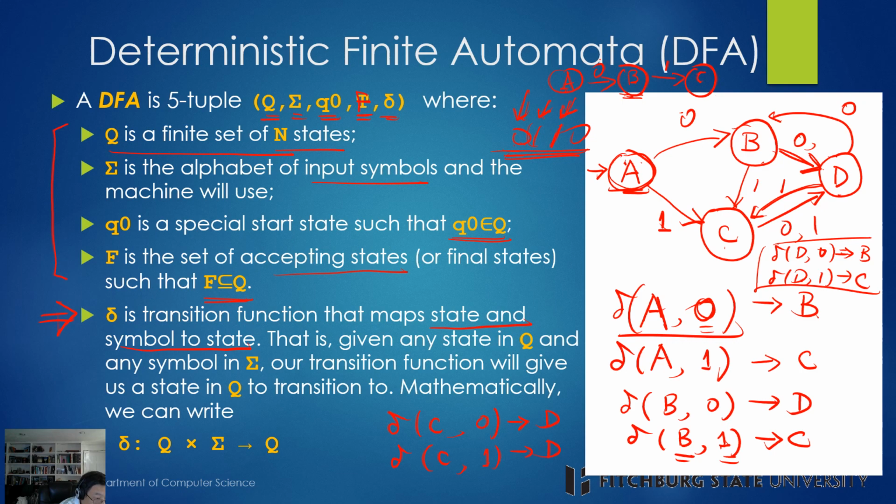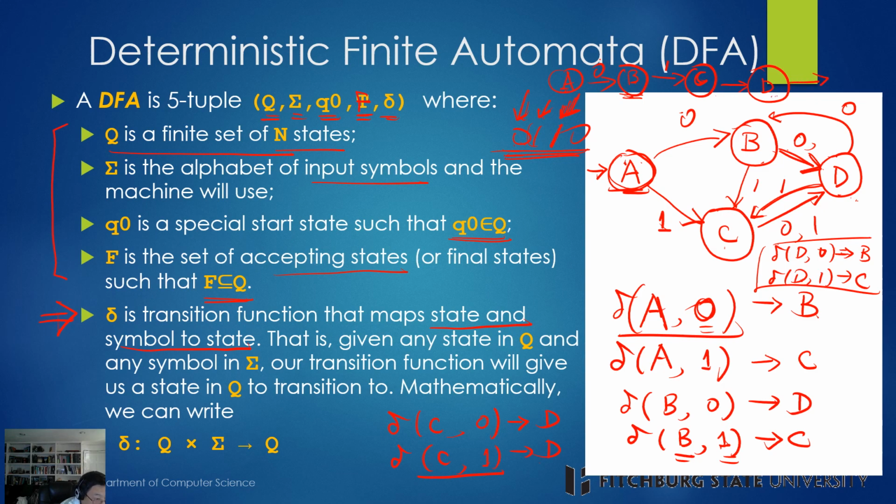So we have a current state C and the input value is 1. Then we check the C and a 1, which goes to D, right?